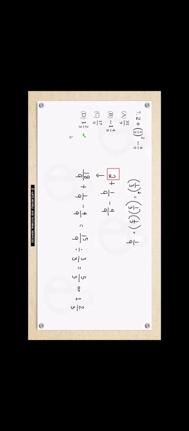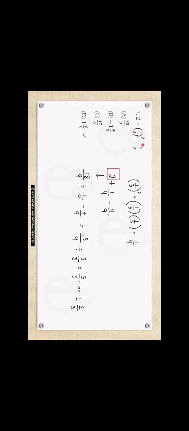Now, another technique for you to solve this one is by estimation. Take note that 2 plus a small number, since it is squared and it is a fraction, minus less than 1/2 will be slightly more than 1.5, right?